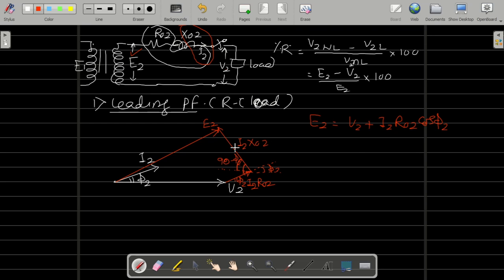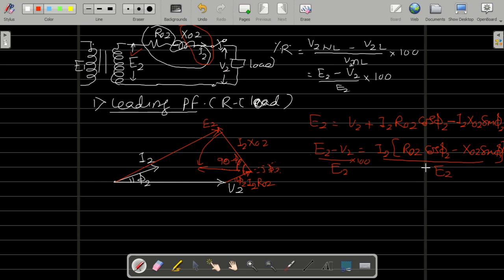Plus I2 X02's horizontal component, which will be I2 X02 sin phi 2, right? This component is going in the other direction, so will it be plus or minus? Minus. Its horizontal component is I2 X02 cos of 90 minus phi 2, and cos of 90 minus theta is sin theta, so minus this. So E2 minus V2 equals I2 common, R02 cos phi 2 minus X02 sin phi 2, upon E2, into 100. This is called percentage regulation.